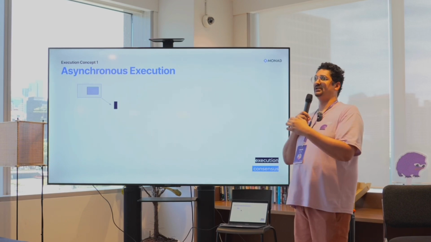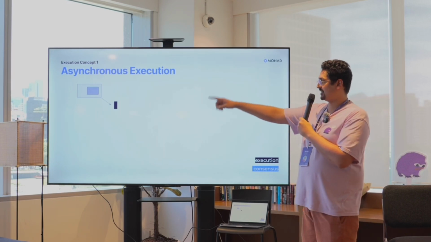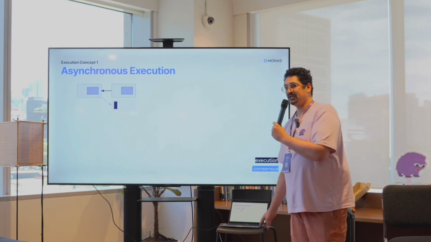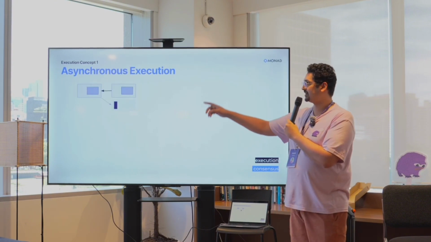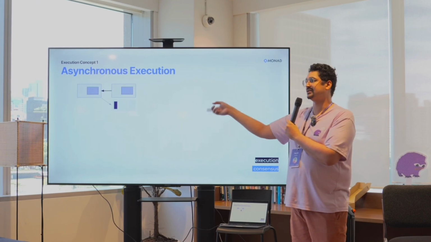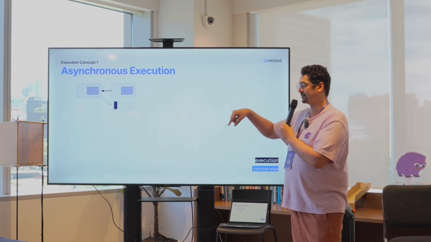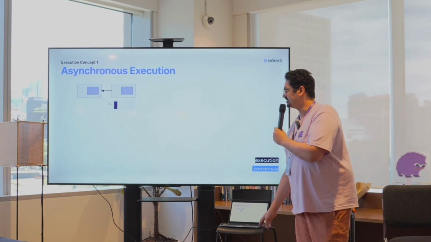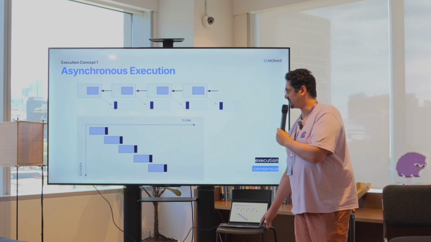So realizing that, we can actually pull execution out of the current block and do it in tandem with the next block. And so you can actually do ordering in parallel with executing the previous block. So you're ordering the current block while executing the previous block. And what that allows us to do is something like this, graphed.